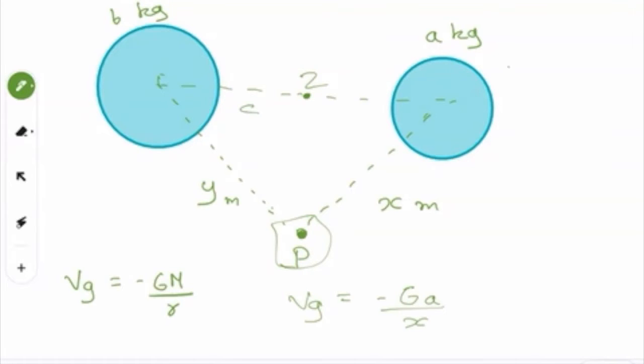Then Vg is equal to minus G B by c. So there's no consideration of direction, it's just the magnitude of gravitational potential from each planet, and we're adding that up to find the total gravitational potential at point C or at point P.